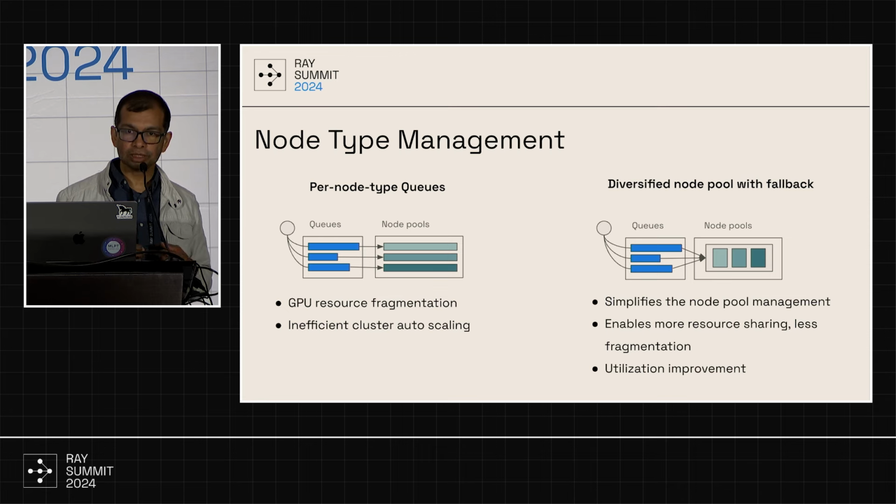So then we backed out of that and worked on multi-level scheduling, where the node-level scheduling could handle multiple types of nodes and instances and can fall back on different options when the user's primary asks are not available.